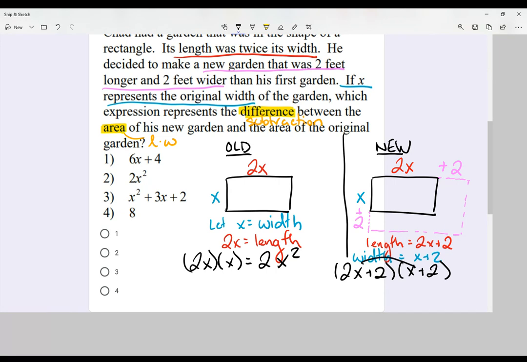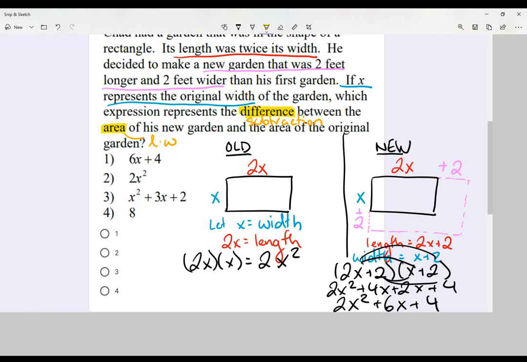We get 2x times x is 2x squared. 2x times 2 is 4x. 2 times x is 2x. And 2 times 2 is 4. Combine like terms, we get 2x squared plus 6x plus 4.